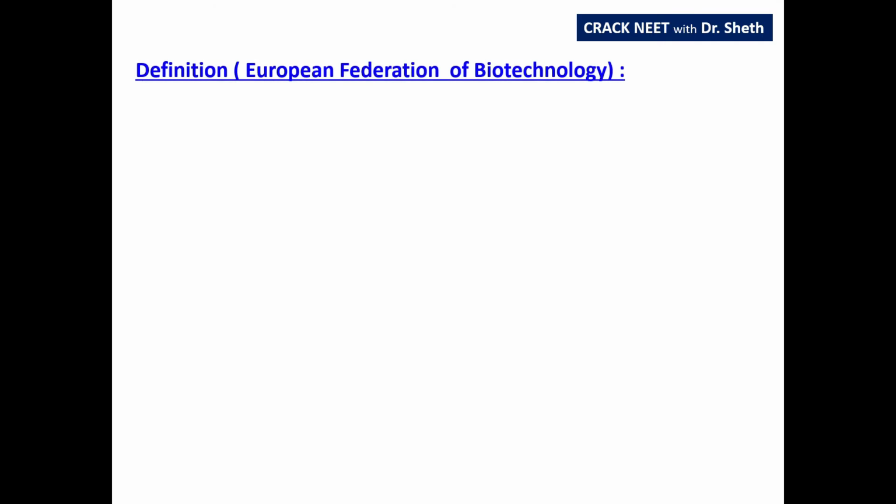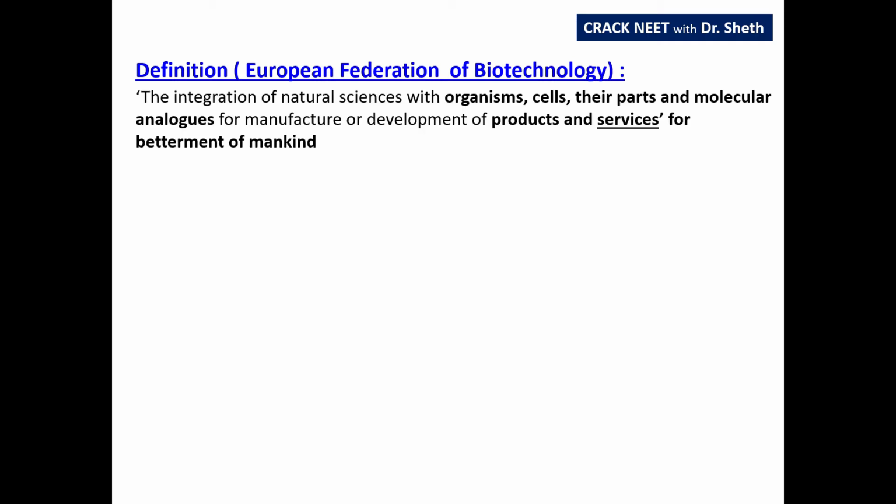Now, the European Federation of Biotechnology has a very specific definition. What it says: the integration of natural sciences with organisms, cells, their parts and analogues for the manufacture or development of products and services for the betterment of mankind. Okay.